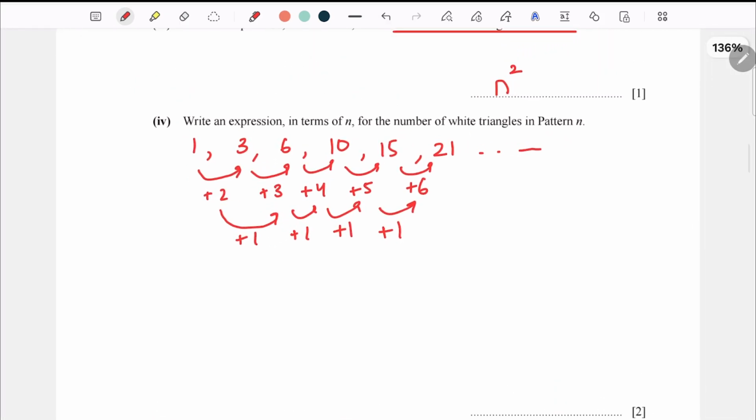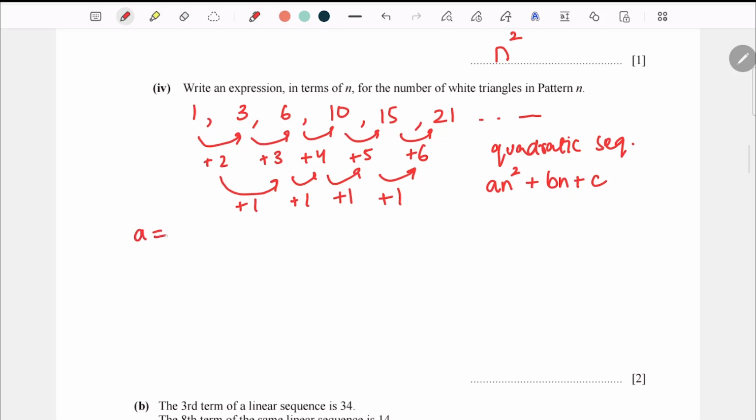Now this will be a quadratic sequence, and the general formula for a quadratic sequence is an square plus bn plus c. In order to find a, the general formula is second difference divided by 2. Here the second difference is basically plus 1. So a will be 1 divided by 2.